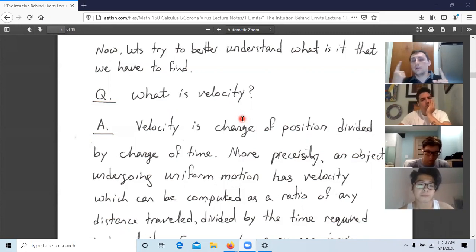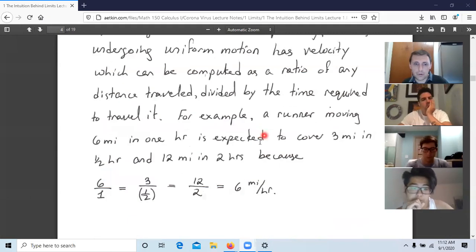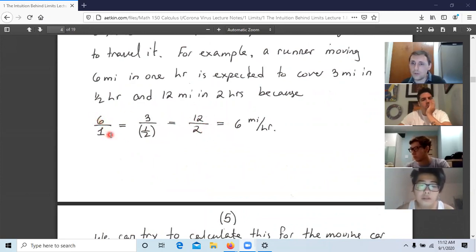So in 1 unit of time, 1 hour, 6 miles covered, right? If I take 3 divided by 1/2, I think I have it somewhere over here, right? So 6 over 1 equals 3 over 1/2 equals 12 over 2. So if it's constant, I capture this constant, this perpetualness, by taking the fraction, distance over time.